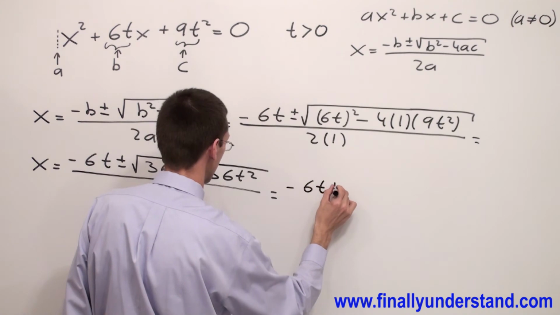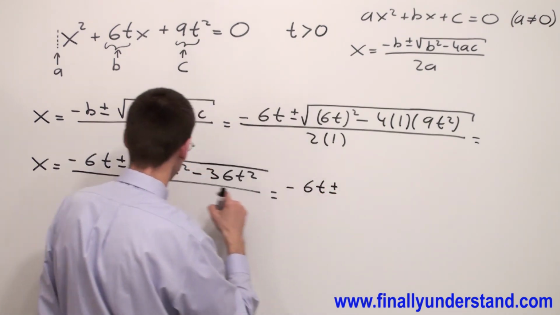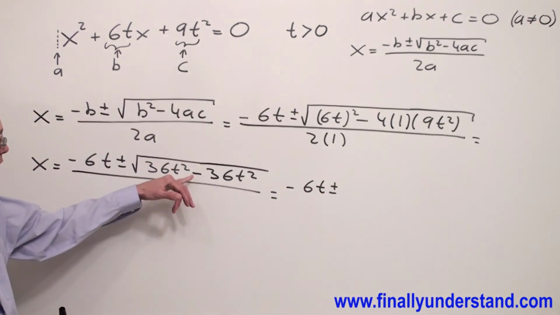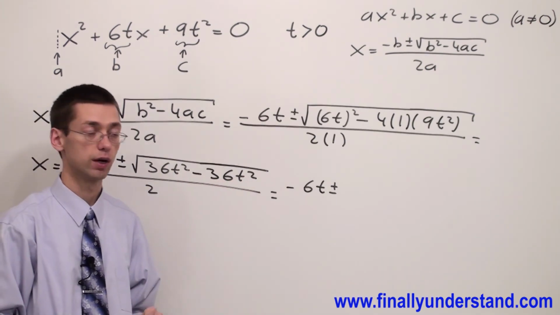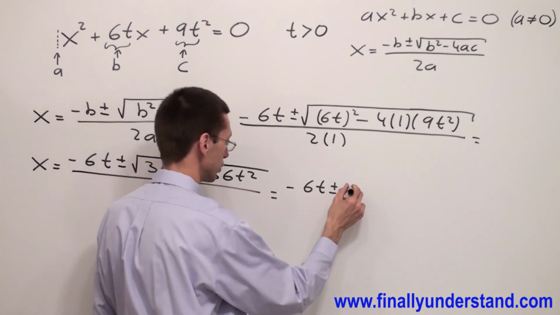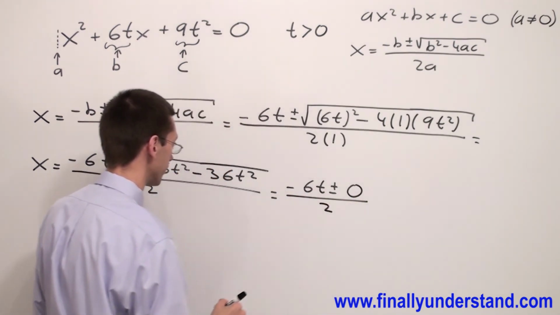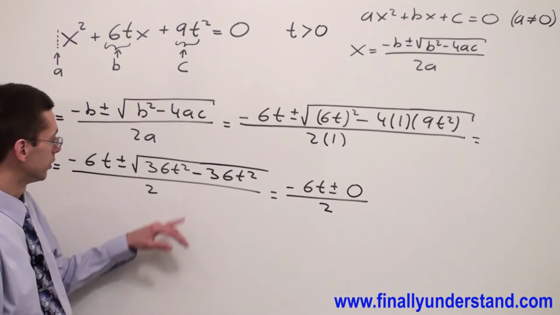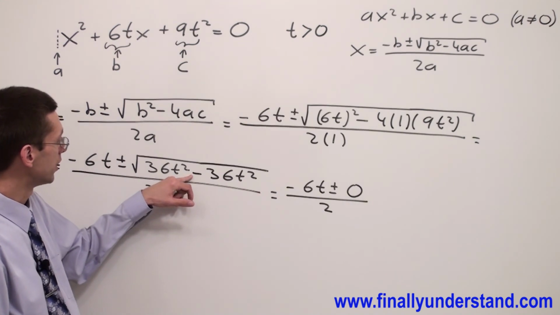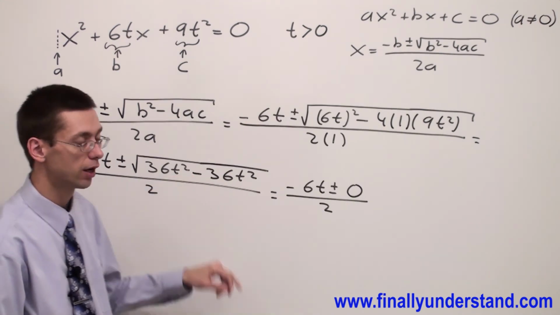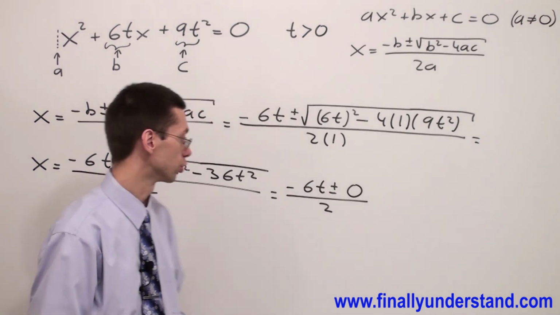6t plus or minus, 36t squared minus 36t squared is equal to 0. Square root of 0 is 0 over 2. Because the value of the discriminant is equal to 0, I'm going to have only one solution.